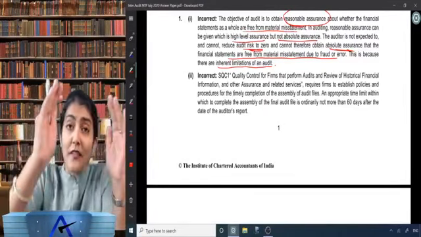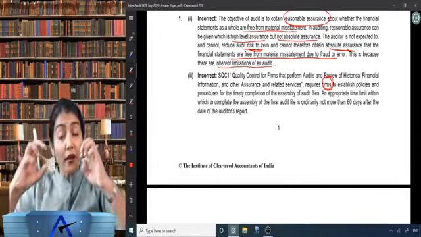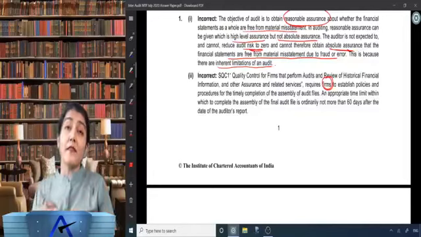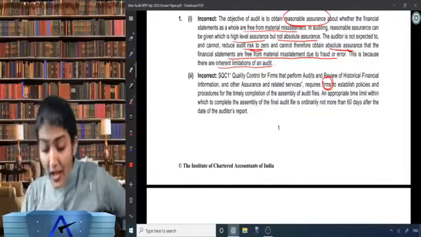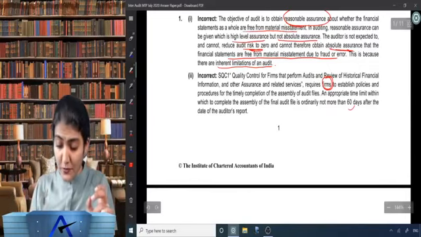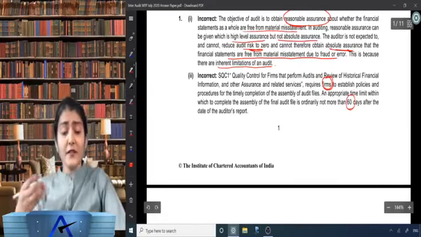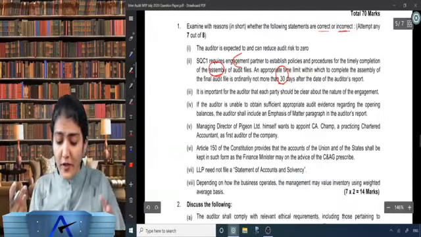So not engagement partner, requires firms. So that's another thief over there. And requires firms to establish policies and procedures for timely completion of the assembly of the audit file. An appropriate time limit within which to complete the assembly of the final audit file is ordinarily not more than 60 days after the date of the audit report.